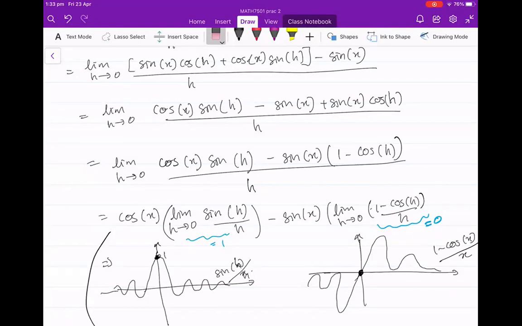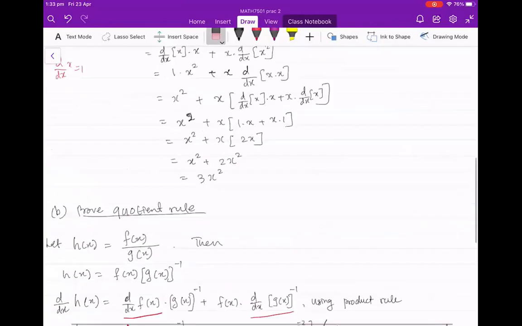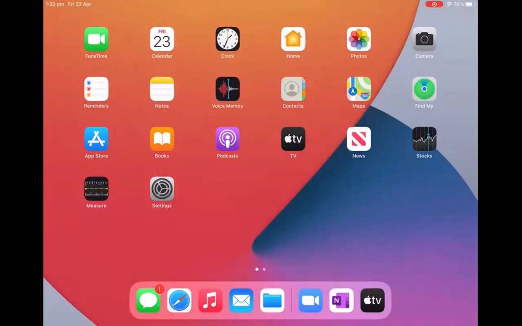Third part is about product rule, chain rule, and quotient rule. Can someone tell me what is product rule? Yeah, Kai, thanks, Kai, you're correct. And what's the quotient rule?